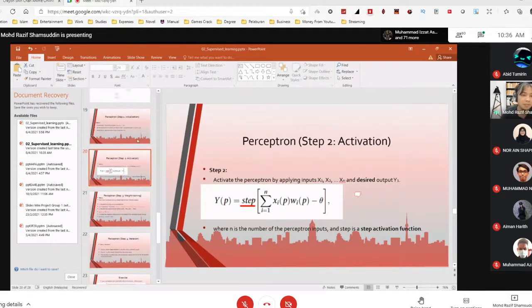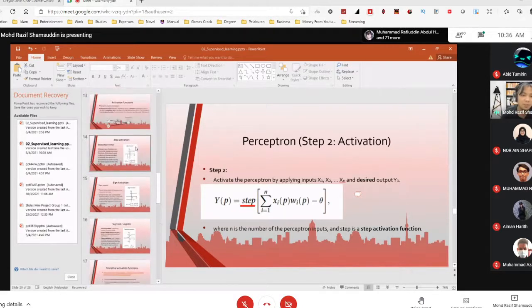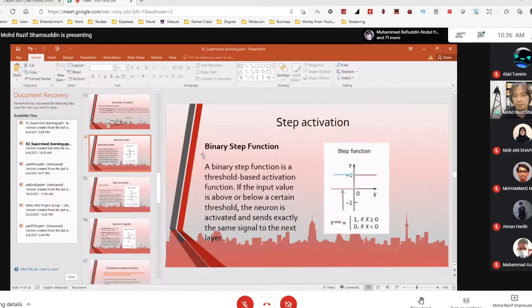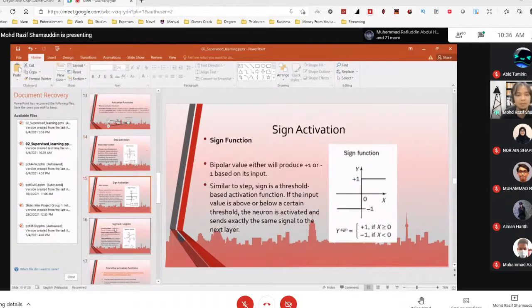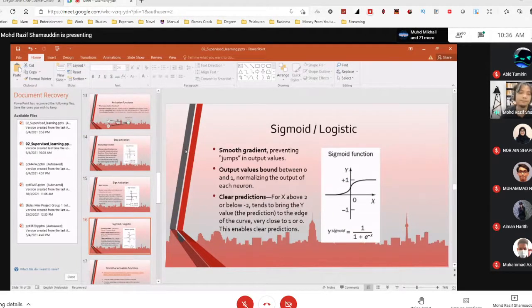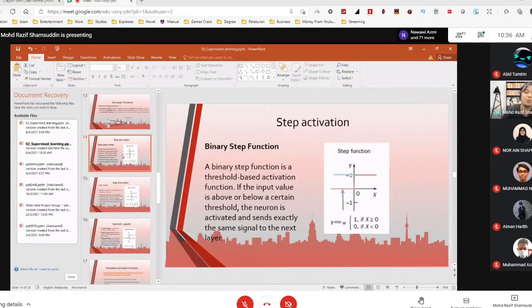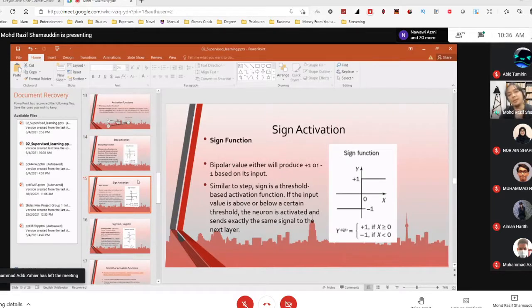There are many activation functions, right? The activation functions I showed are 3: the binary step, the sign activation, and the sigmoid activation, depending on how we want to produce our output. If we want a binary output, we use the binary step. If we want a bipolar value, we use sign activation.